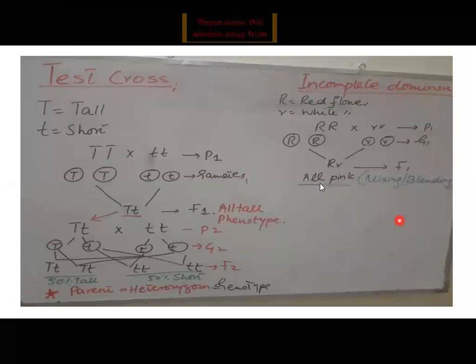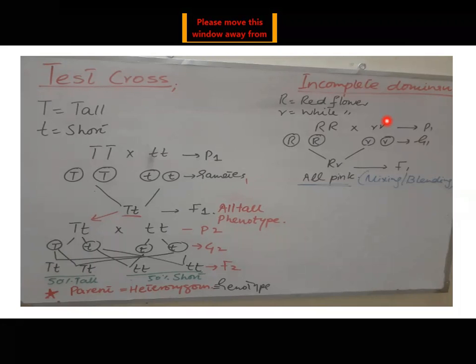Now the next one is incomplete dominance. We have talked about complete dominance and discussed an example of it in our class also. I have given you the example of capital T and small t in pea plants. Capital T is responsible for the tallness of the plant, and small t is responsible for the shortness of the plant. And we have made that cross.